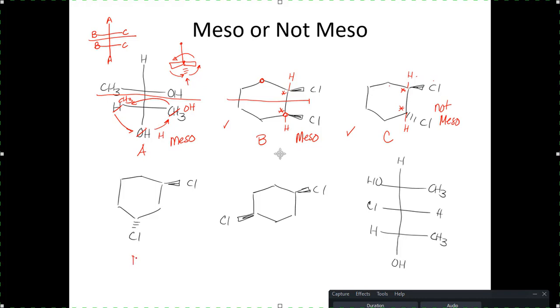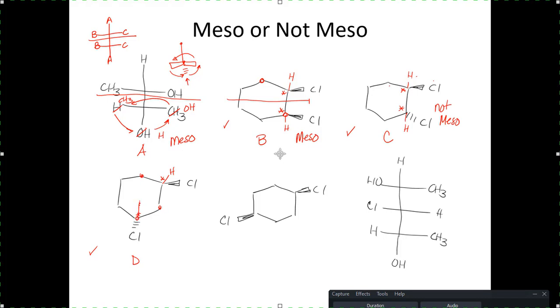Okay, let's come down here to D. Is D meso? So go ahead and when the video stops, answer that question. Okay, do we have two chiral centers? Yes, we still have two chiral centers. We have the H and the Cl. Now we have a CH2 versus a CH2, but remember we have to continue on. So now we continue on down here.